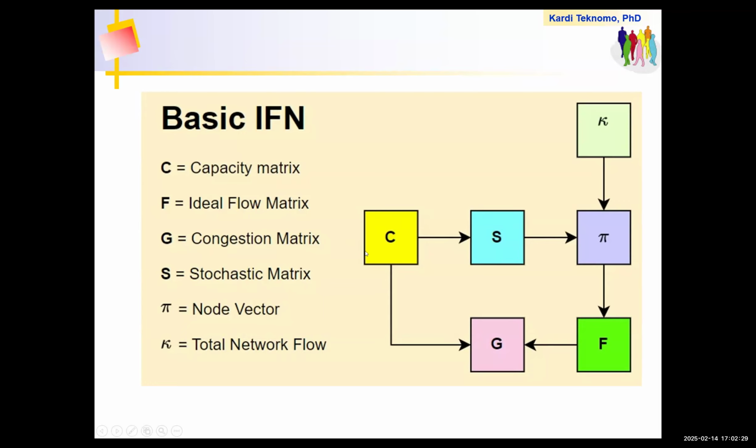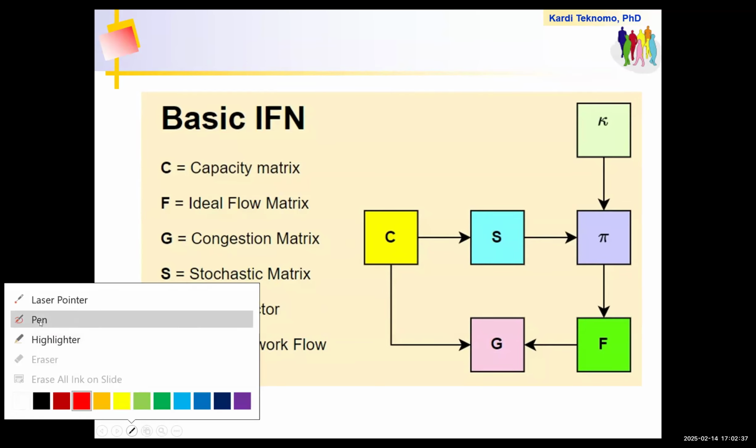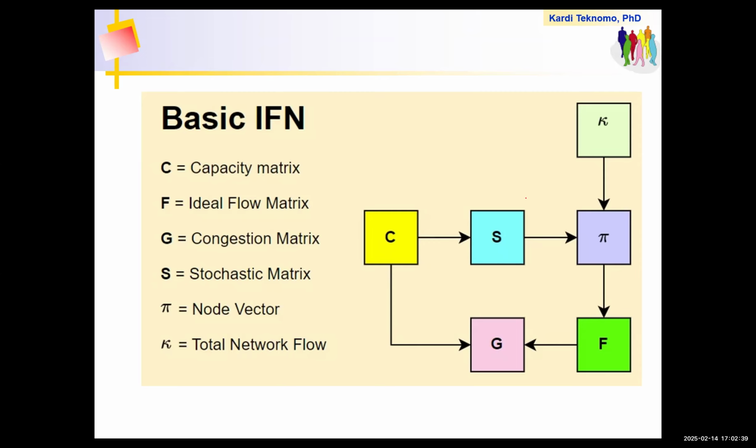Based on that capacity matrix, you can create the proportion to get what is called the stochastic matrix. In a transport network, the stochastic matrix represents the probability to turn left, right, or go straight, and the capacity represents the number of lanes.